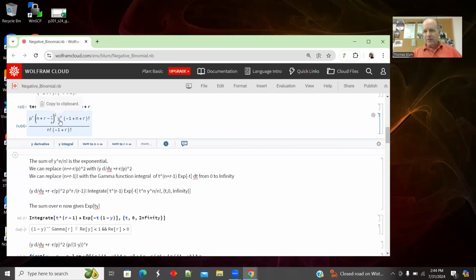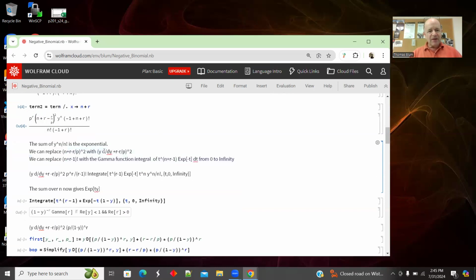If I take a derivative of that with respect to y, I get an n times y to the n minus 1, just the simple power rule. And then if I multiply by y, I'm back to my y to the n. So I can replace this factor of n by y times a derivative with respect to y. Okay, so that's how I'm going to deal with this n.